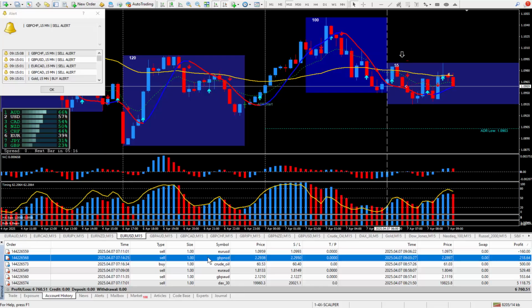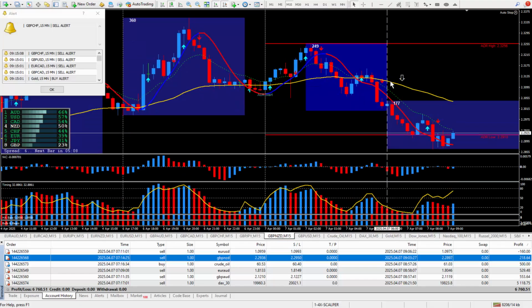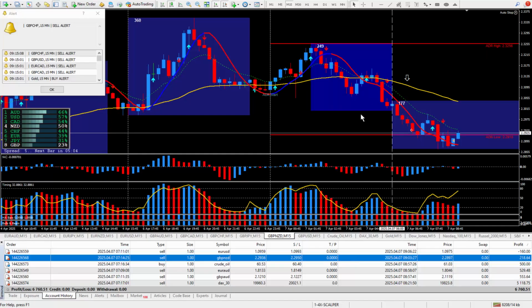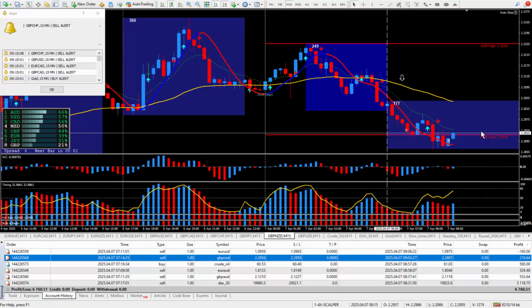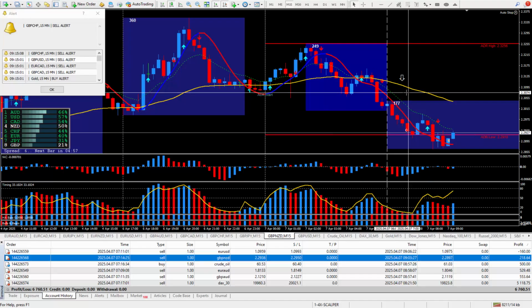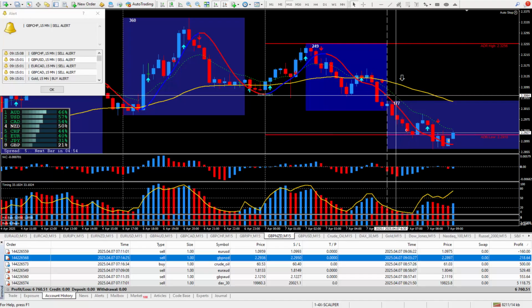Okay, let's move on to the next trade, which is Pound New Zealand. Let's drag and drop this up first of all, see where I got in at. It's another one I sold. It was very clear in real time from way back here actually. But from the time I was looking at it right here, I knew it was going to go down.